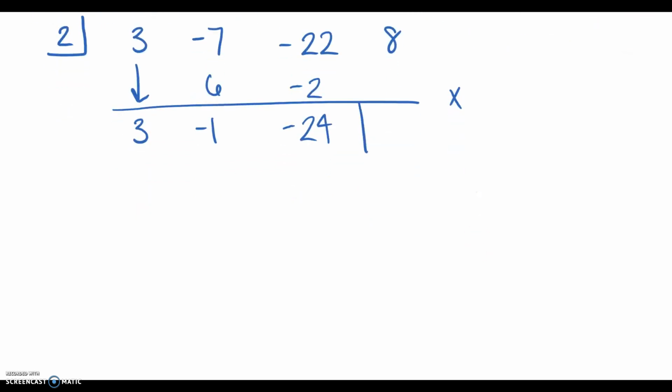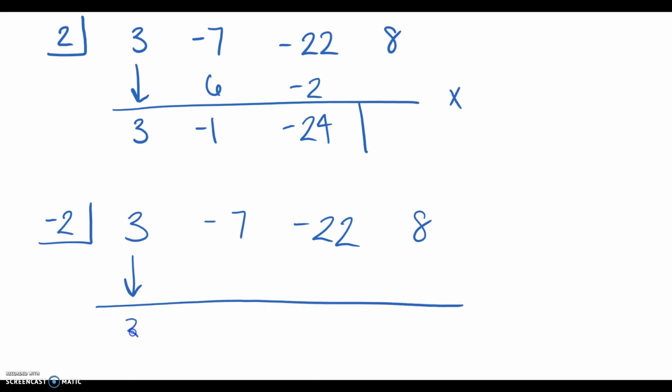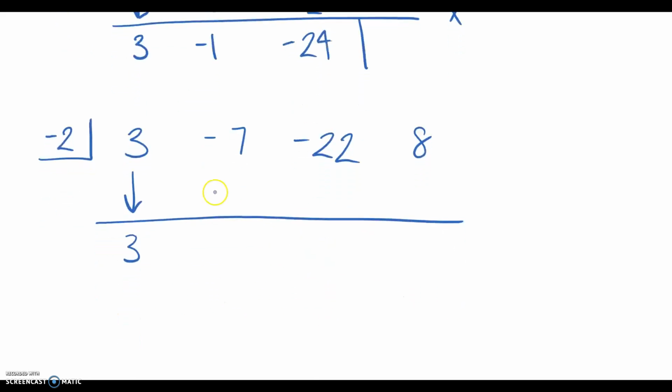So we could try negative 2. Start by bringing down your 3. 3 times negative 2 is negative 6. Negative 7 minus 6 is negative 13. Negative 13 times negative 2 is 26.